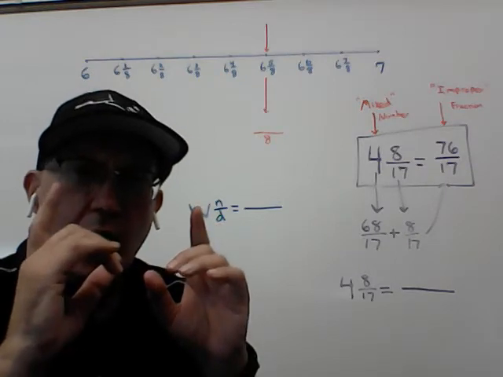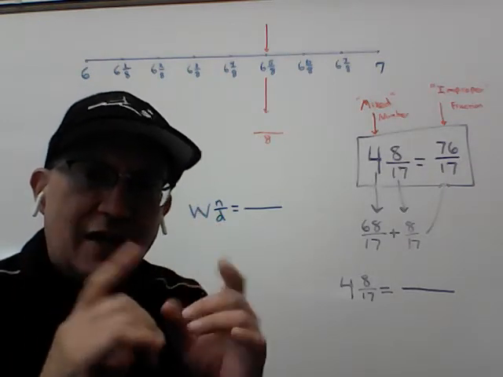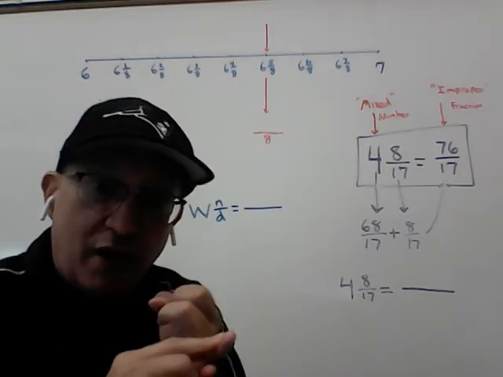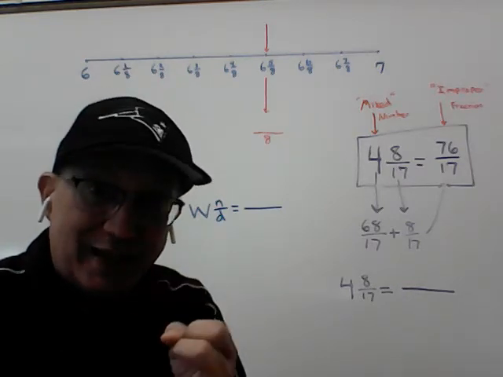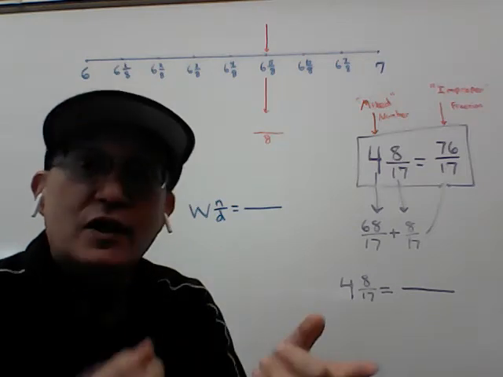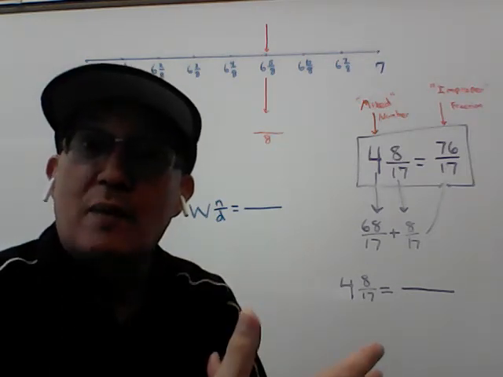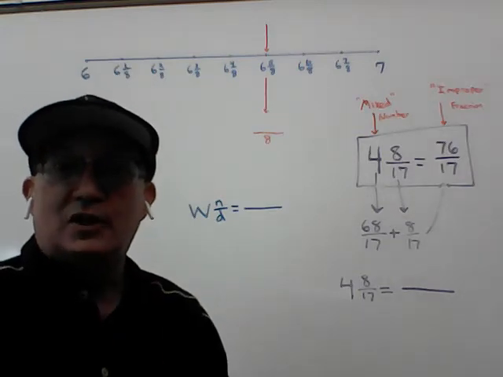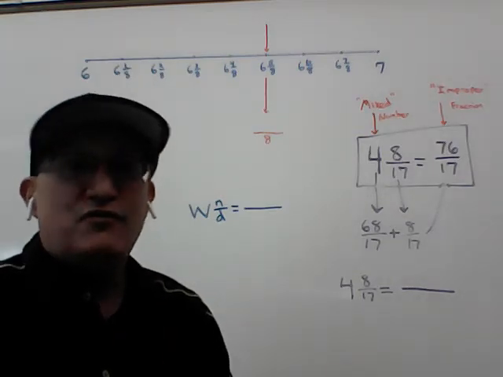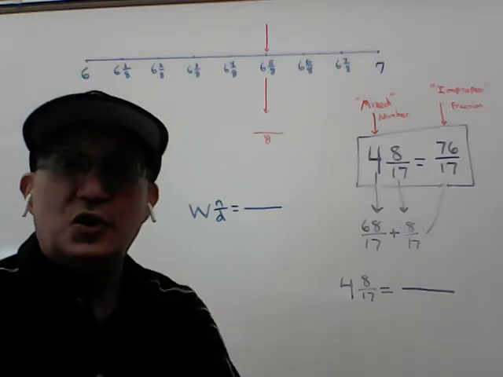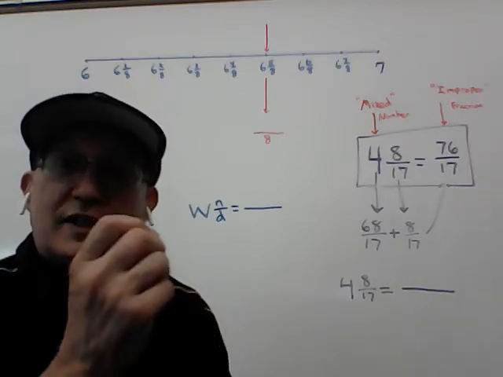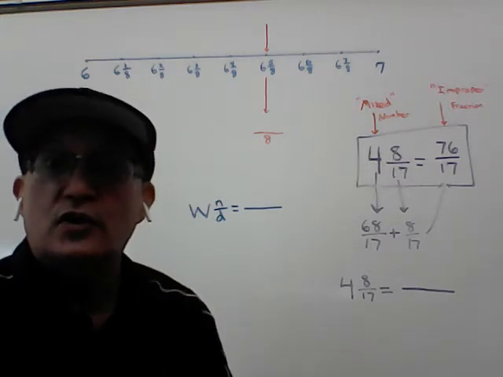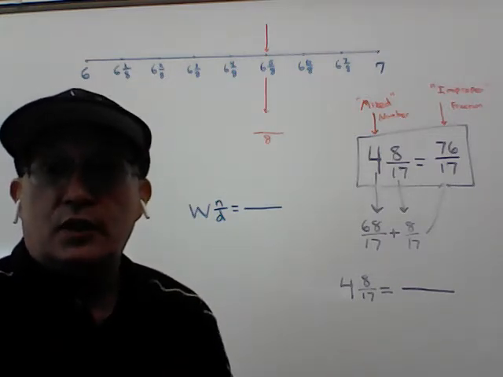When we are asked to multiply or divide with mixed numbers, we have to convert those mixed numbers to improper fractions in order to be able to accomplish the multiplication or division. For now, you can just trust me that there's a good reason why we're going to take a mixed number and convert it to an improper fraction. We're going in the reverse direction of what we did in the previous videos.